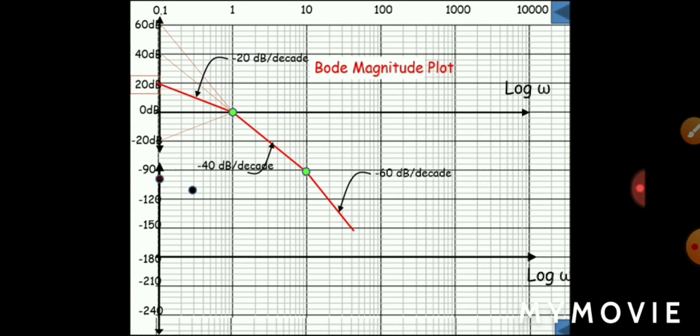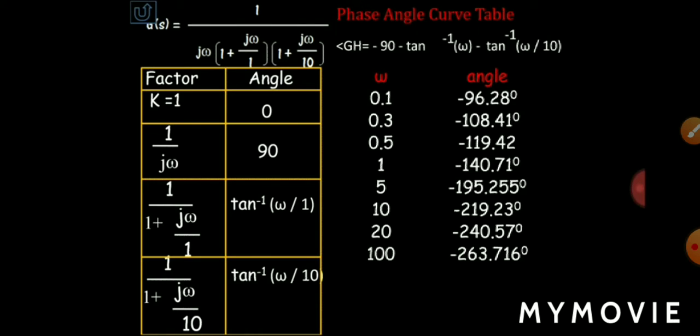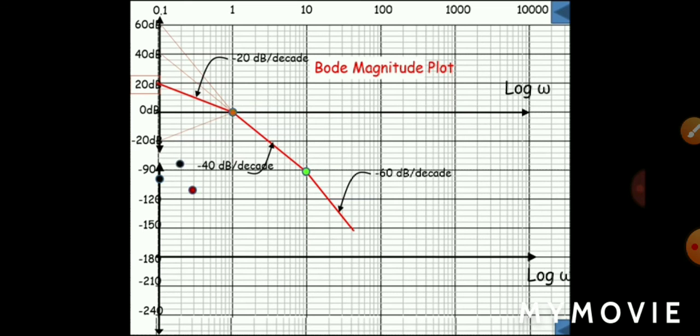Put all the values: 0.3 minus 108.5, then 1, 0.6, 10, like that. Then draw a freehand line for that, right? So this is your phase plot.